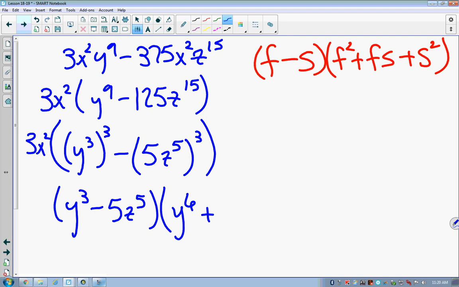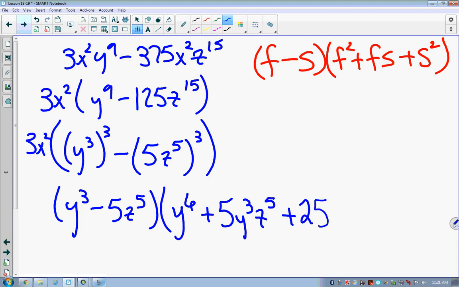It's y cubed times 5z to the 5th. The second term does not include the negative. Okay? 5y cubed z to the 5th. That's it. Okay? Now, the same thing is true on our last one. It does not include the negative. So 5z to the 5th squared.